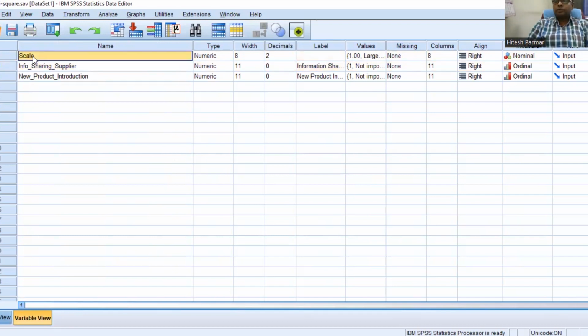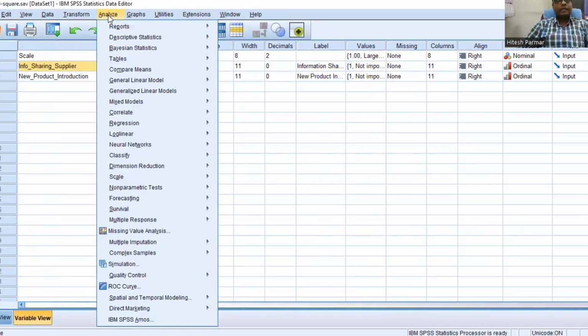There is no association between the scale of the organization and the importance given to information sharing with supplier. This is the null hypothesis that we are going to test.